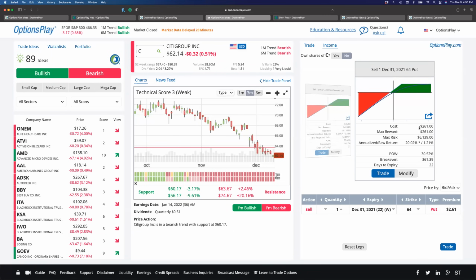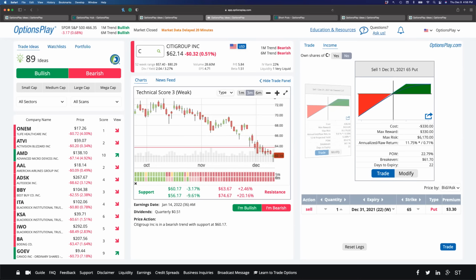The further the stock is in the money, the less extrinsic value you're actually collecting. So you want to make sure that you understand how much extrinsic value you're collecting. And as you go further in the money, your annualized return actually gets lower and lower, because the extrinsic value of the option is decreased. So that's why you don't want to sell an in the money option.